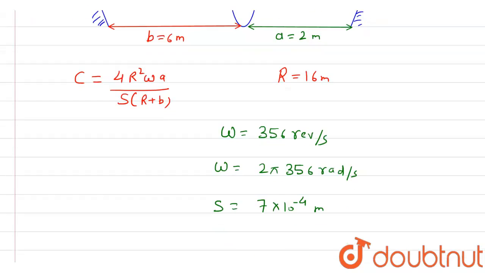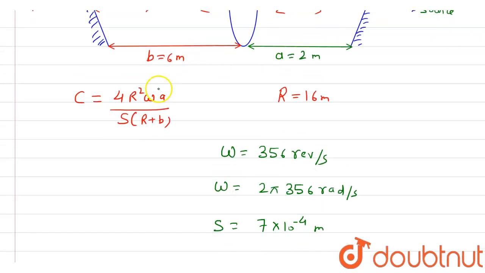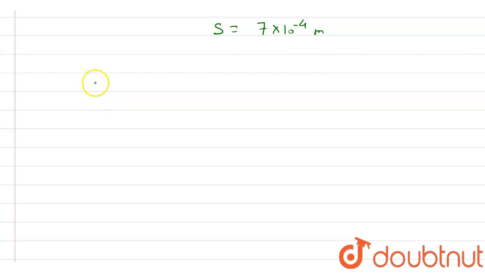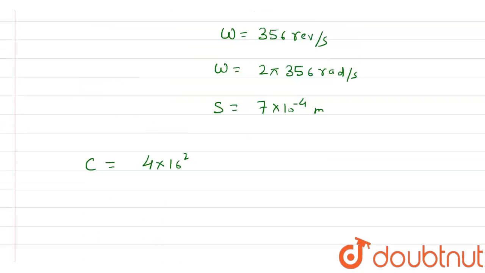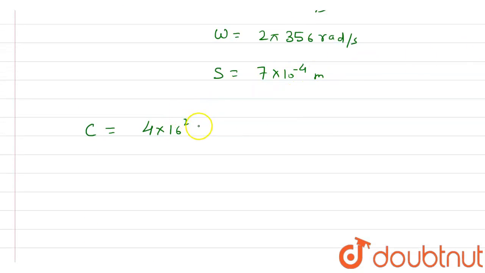So now we have the values of all the variables. We have B, A, R, S, and omega. Now we will put all those values into this equation. So C will be equal to 4 into R square, where R is 16, so it is the square of 16. Then in the formula is omega, which is 2 pi into 356.